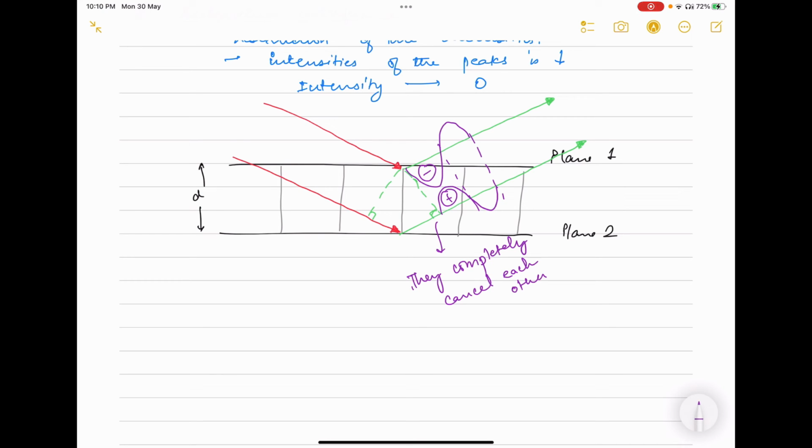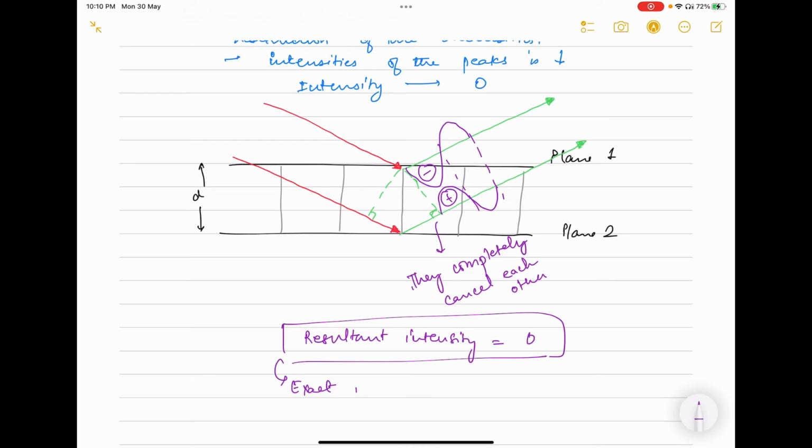So the resultant intensity would be 0. This is a case of exact destructive interference.